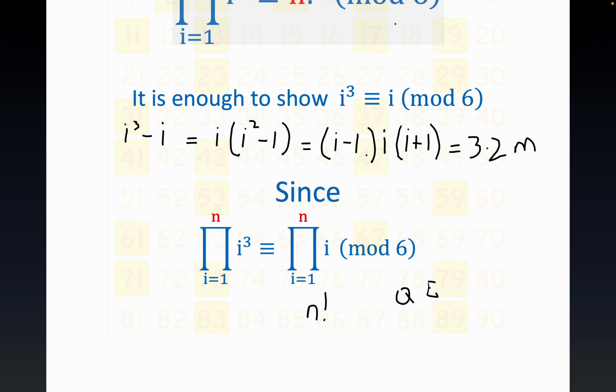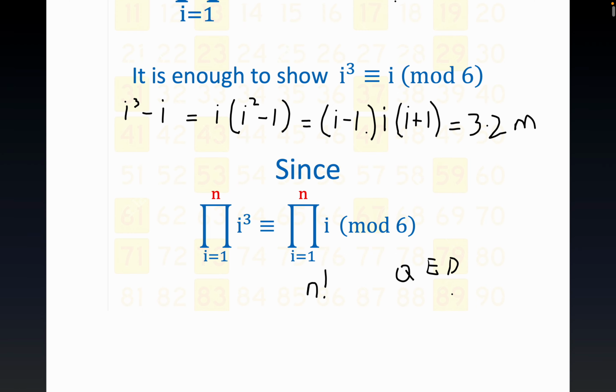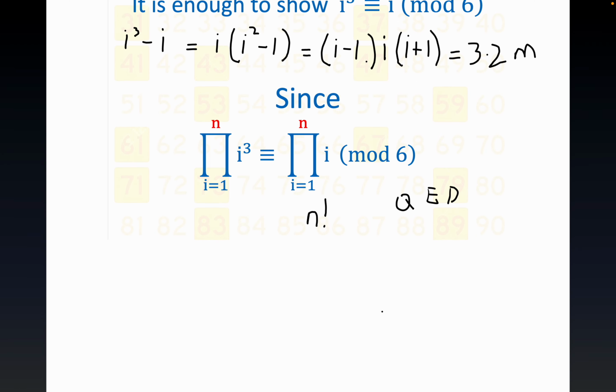Now it's kind of fun to see a concrete example. The numbers grow pretty fast right here, but let's just try for n equals 3. If we did this for n equals 3, that would be 1 cubed times 2 cubed times 3 cubed.